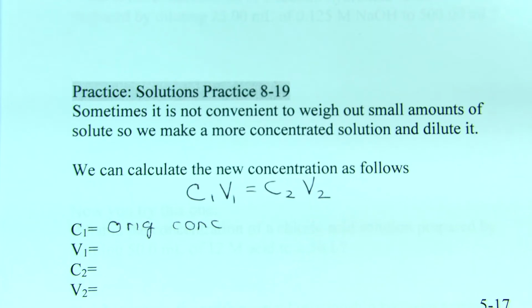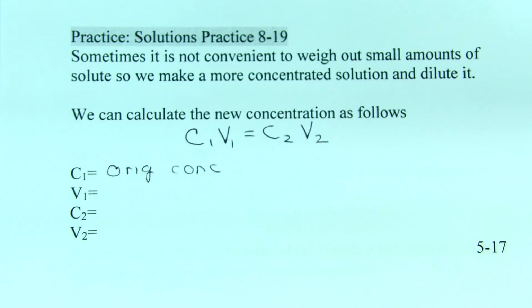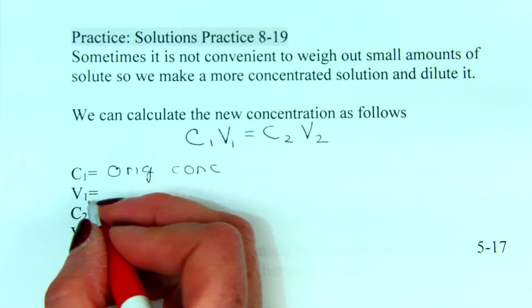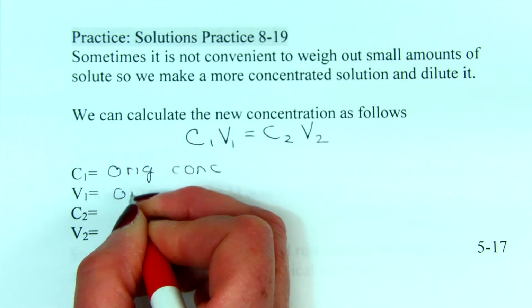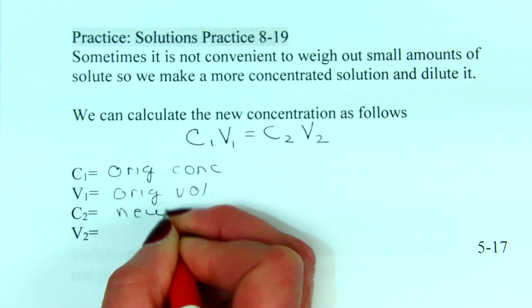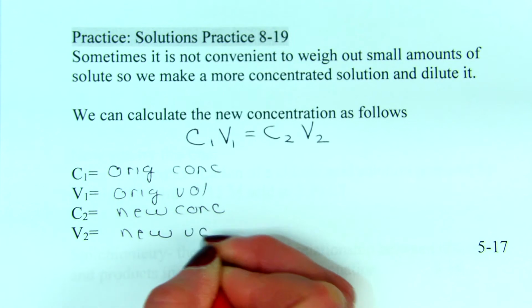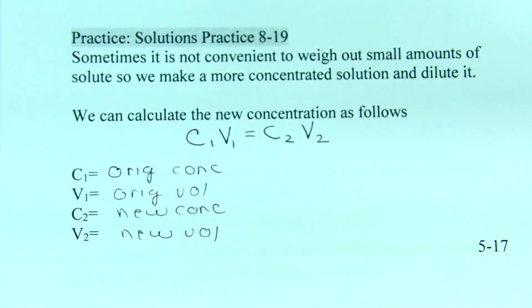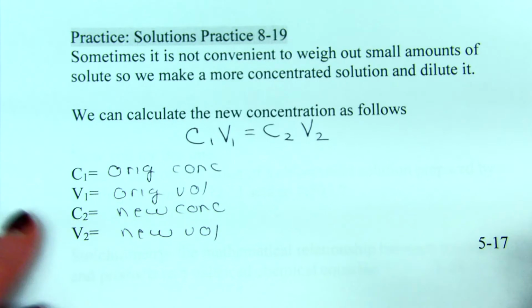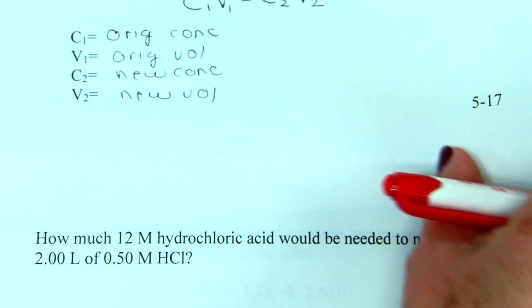It could be percent, it could be molarity, it could be that weird grams per 100 mils that we looked at where we didn't multiply by 100. My V1 is my original volume, C2 is my new concentration, and V2 is my new volume. So we just have a relationship with 4 variables. If I know any 3, then I can rearrange and find the missing variable.